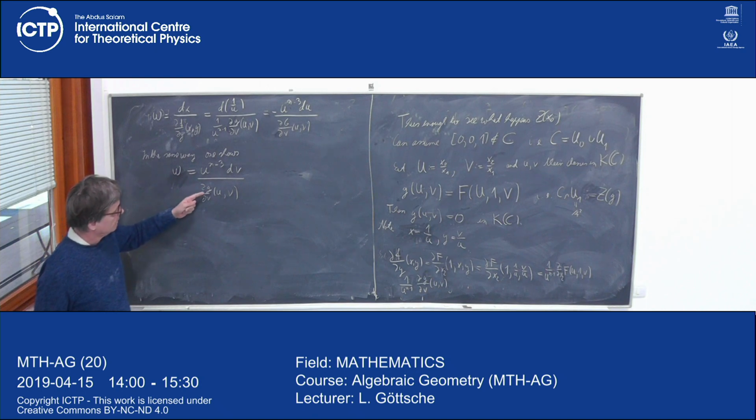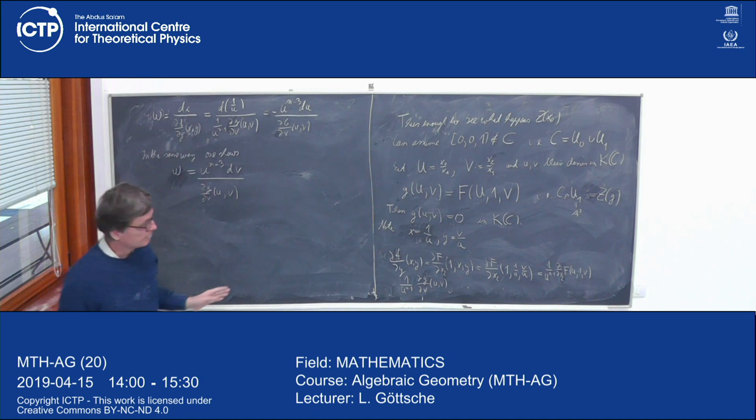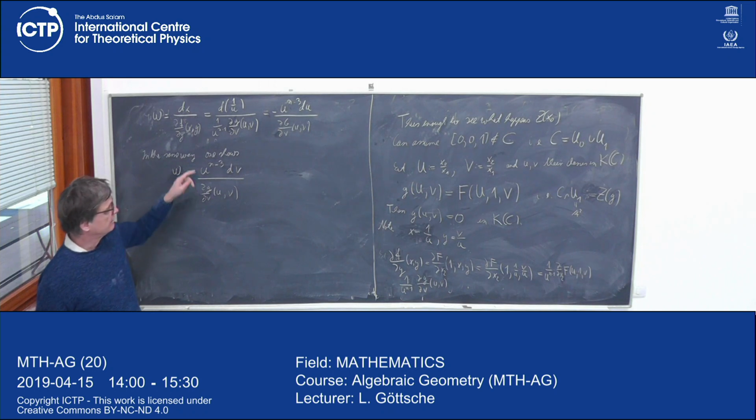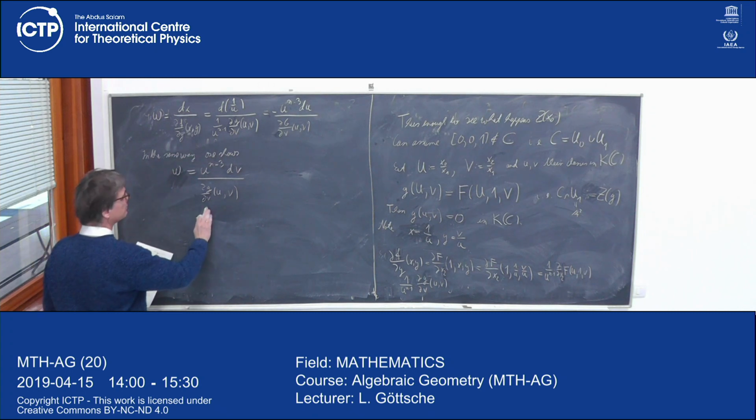So we have that C is smooth, and the u and v are the local coordinates on A2. So we can apply the same thing as before. Either this derivative is non-zero, and then the other coordinate, the u, is a local parameter, or the other way around. So this was actually not v, but u.